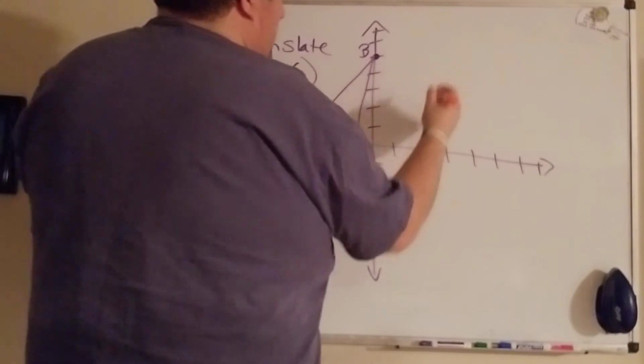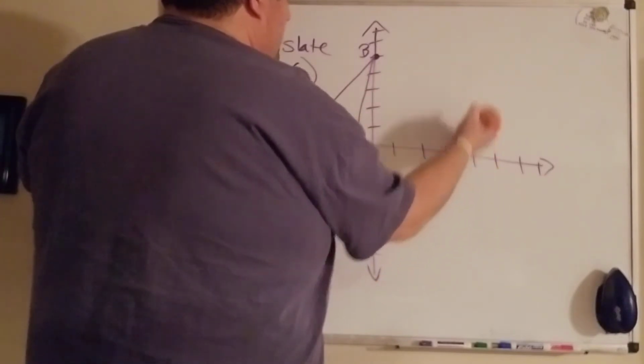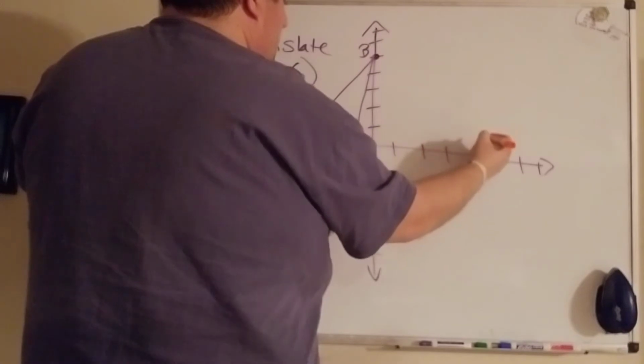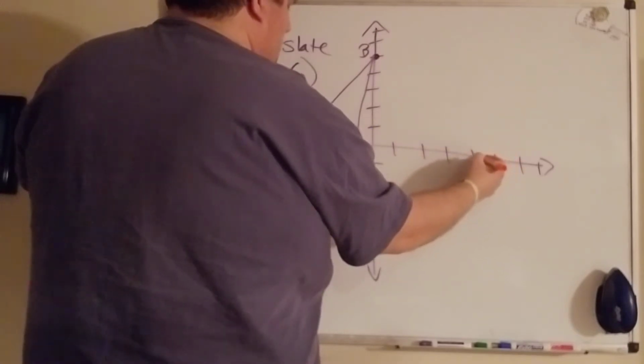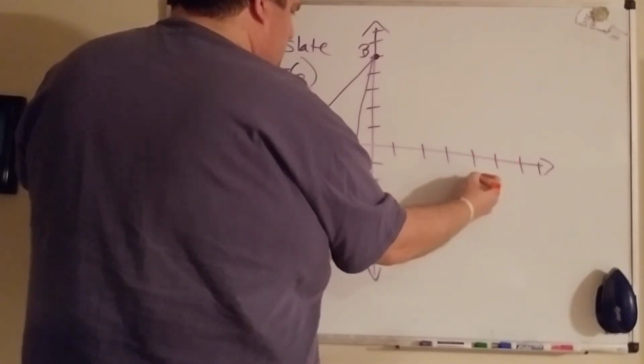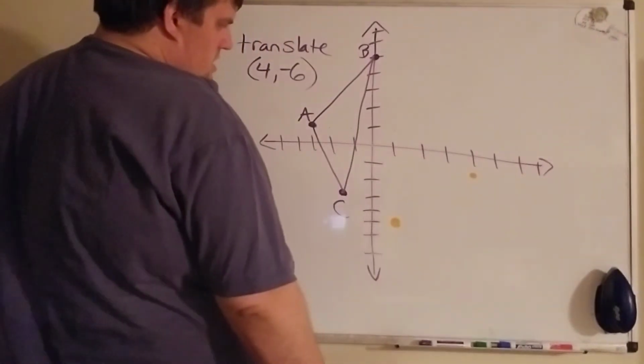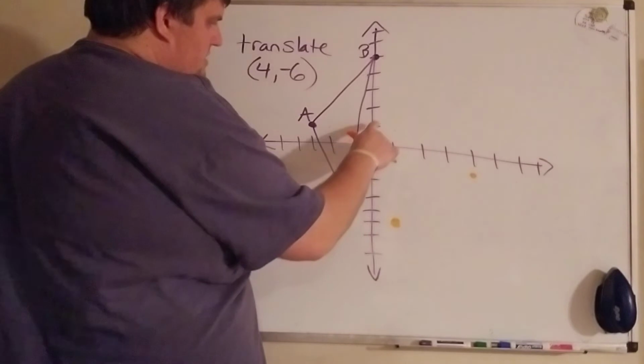Over here at B, we're going to go right 4. And down 1, 2, 3, 4, 5, 6. This isn't going to look great, is it?